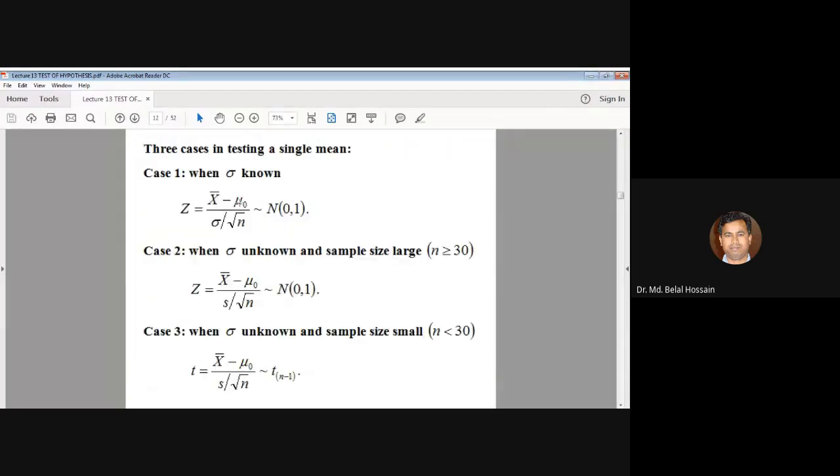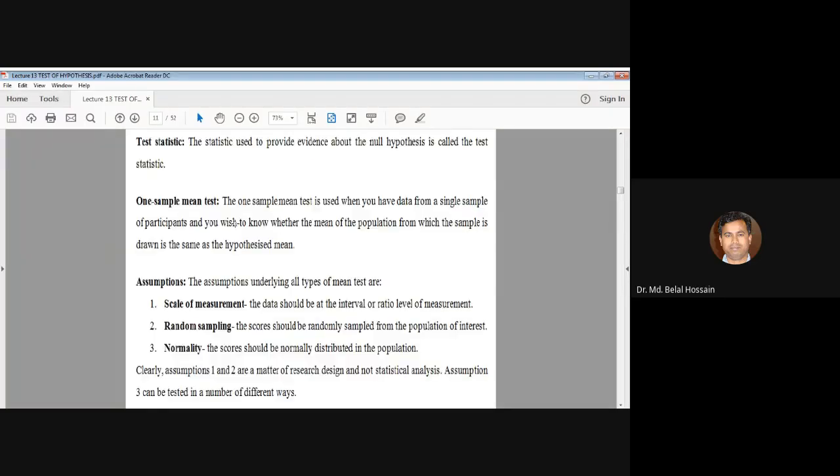This is a Z statistic formula, so they call it Z statistic. It can be T, it can be F, it can be chi-square, but this formula is used to find evidence about the null hypothesis. So they call it test statistic.